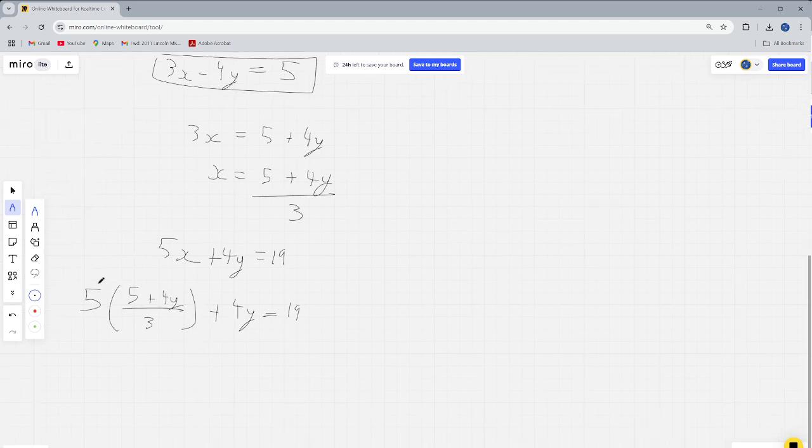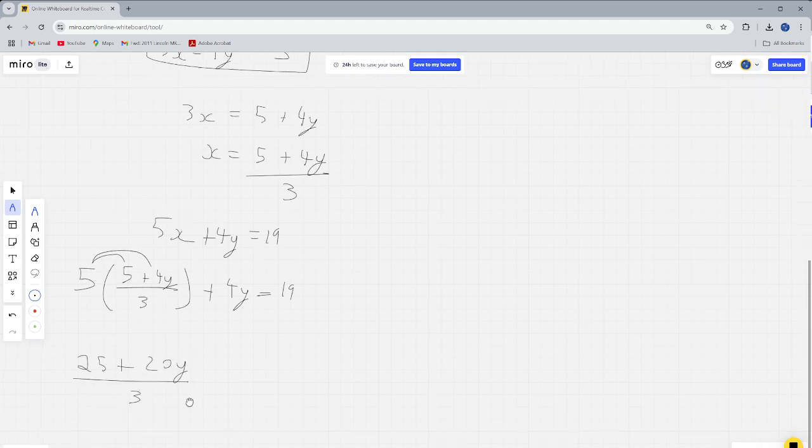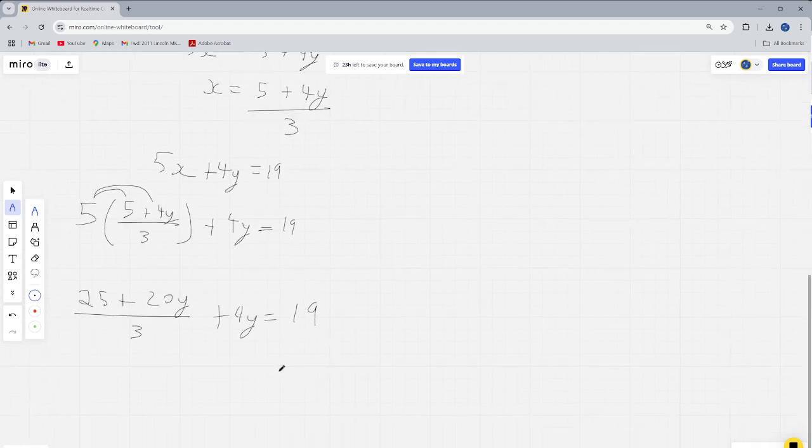So we can start that by just distributing that in. So 5 times 5 is 25, right? 5 times 4y is 20y. And this is all still divided by 3, plus 4y equals 19. Okay. We can move the 4y over to this side.